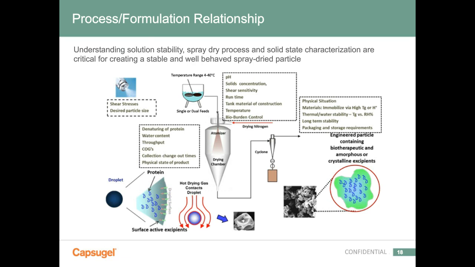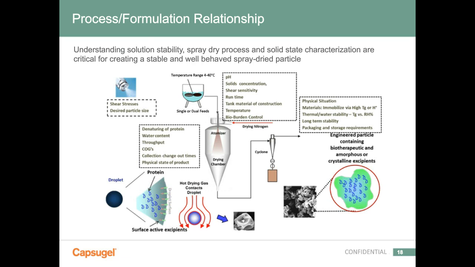But there's a wide range of things we'll investigate and design around. Those implications of the formulations have a big impact on the process itself. And so we can design a formulation, but we need to see how it's going to behave to make sure we are actually creating the right product in the end.